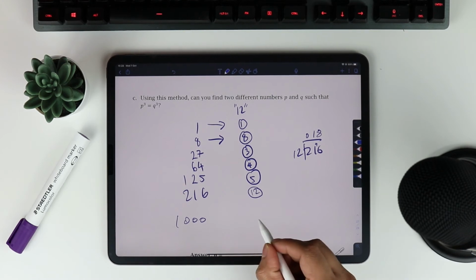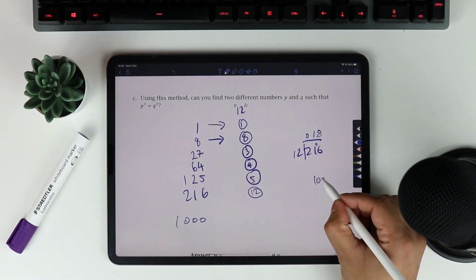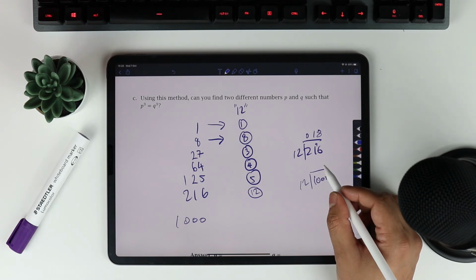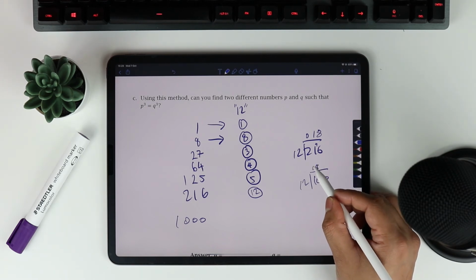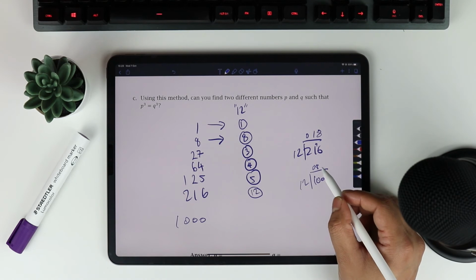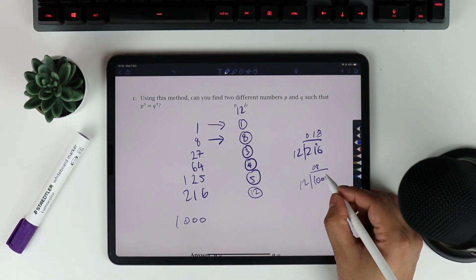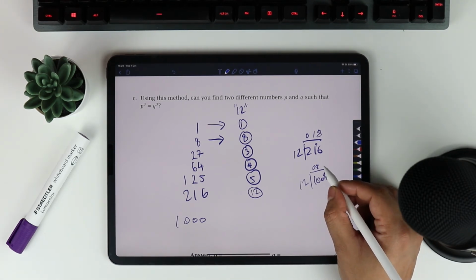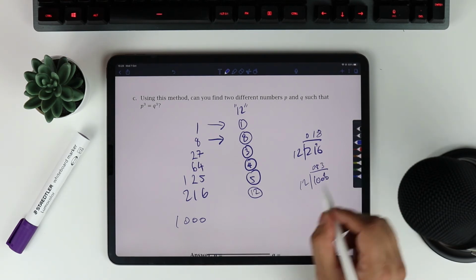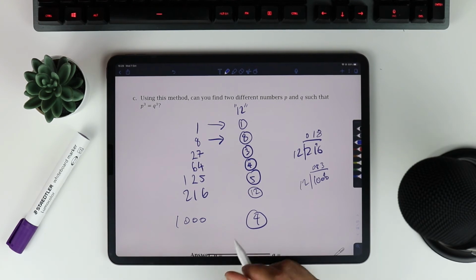With 1,000, if you've got 1,000 divided by 12, then you're going to have 8, and then 40 remaining. Then you have 4. So there we are.